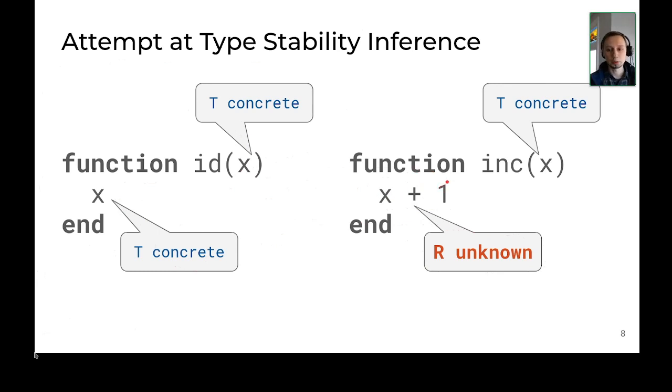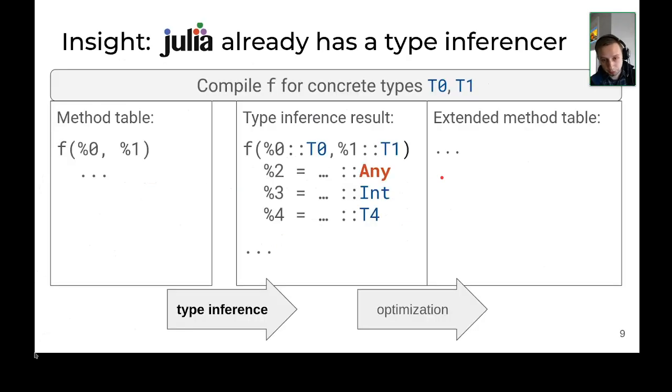And so it boils down to the full problem of type inference. But type inference is already implemented in Julia, as we noted before. It acts on the intermediate representation, but nevertheless, we don't really need to re-implement type inference. We just need to figure out how to supply those concrete input types for the method that we are interested in.